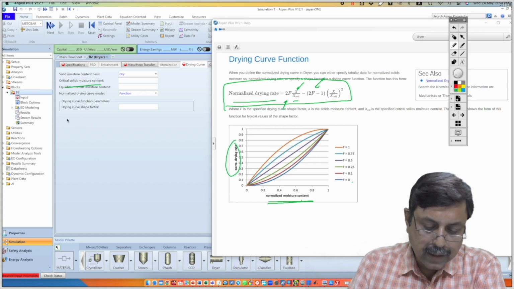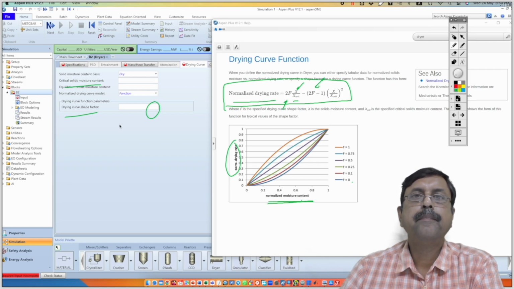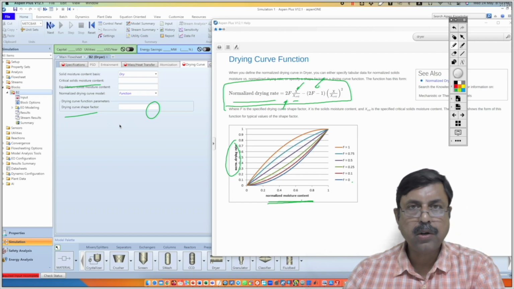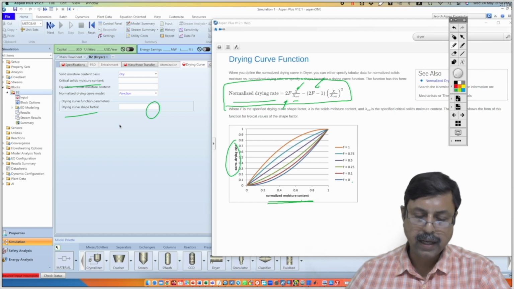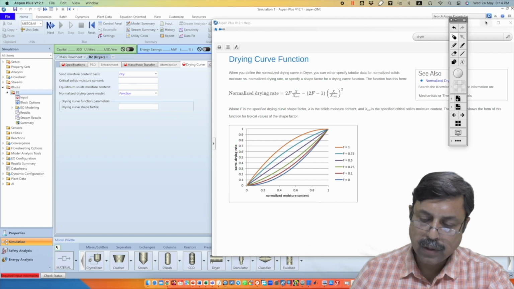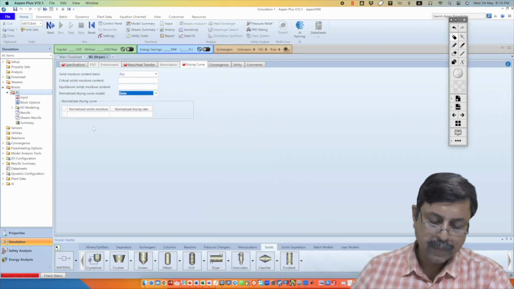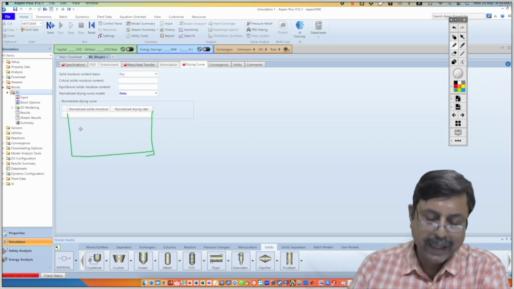So in this case, the drying curve shape factor F has to be provided here, any number between 0 and 1, if you know the drying function properly. And if you do not know the drying function properly, suppose you have the raw data, then you can simply choose data and you will get an option for a table like this.